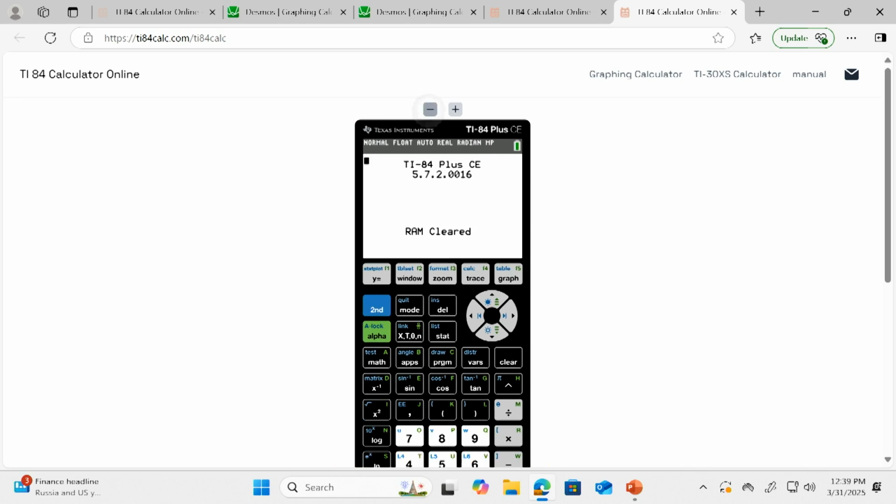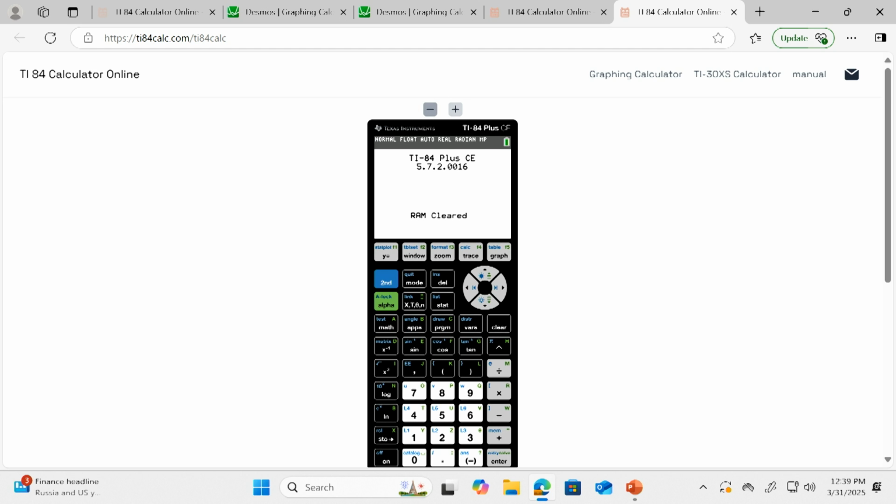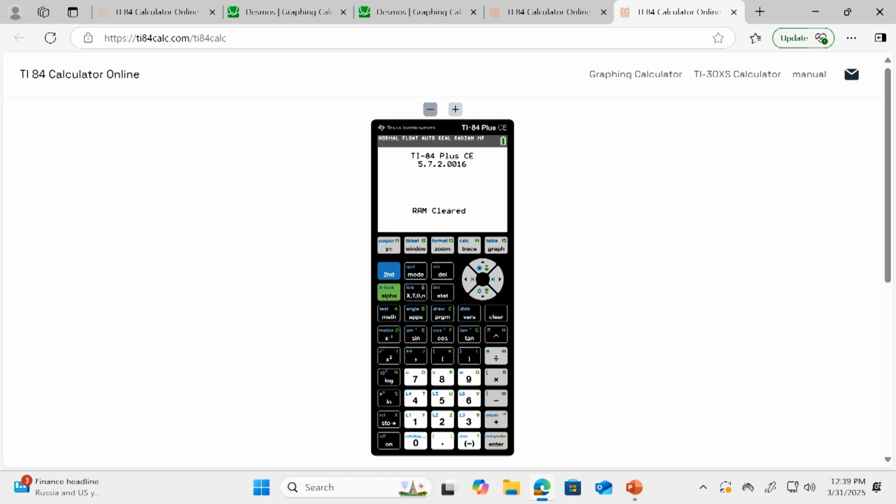All right? So let's say that we are factoring these trinomials and it gives me a number that I'm not quite sure what all the factors are. Let's say they want us to find the factors of 20. So what I'm going to do is I'm going to hit my y equals key. I'm going to make a fraction. Second, y equals, that n divided by d.